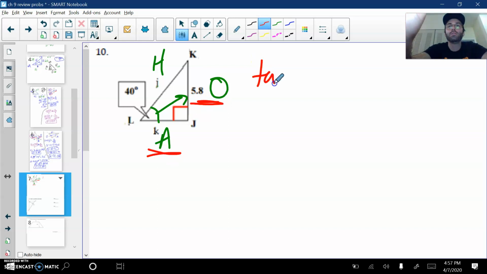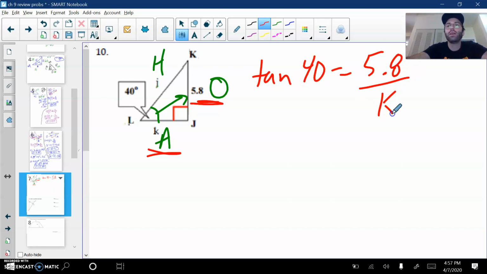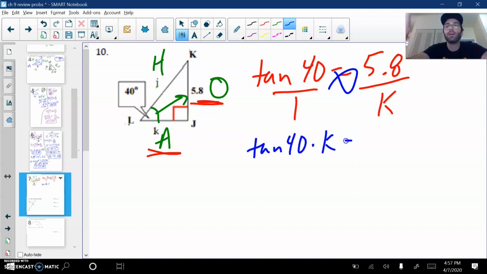So I'm going to do the tangent of 40 equals 5.8 over K. All right, obviously I couldn't have done cosine because I don't know A or H in this case. Okay, so since the variable's in the denominator, that means I'm going to have to divide. Tangent of 40 times K equals 5.8.